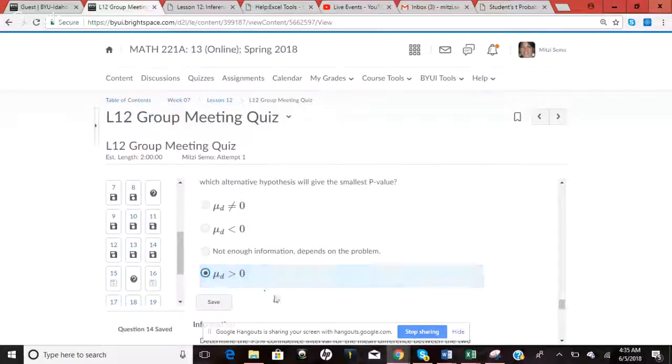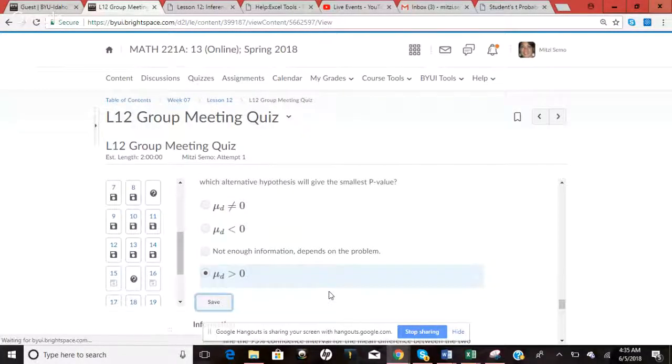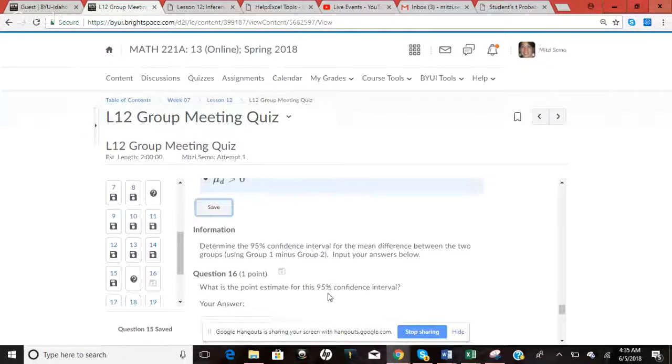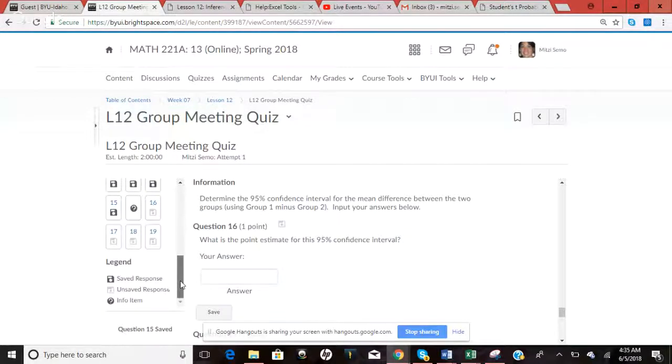Let's see. Smallest p-value. Oh my gosh, this is a really long quiz. Okay, almost there.